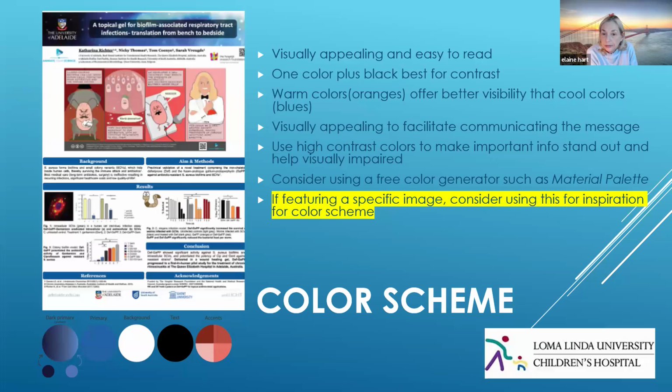You want high contrast colors to make important information stand out and help anybody who is maybe visually impaired. You can use a free color generator such as Material Palette, and PowerPoint does this too. We'll give you some color schemes, okay?